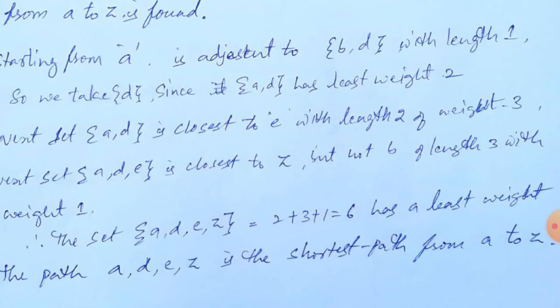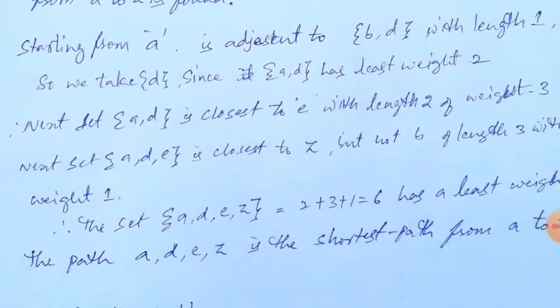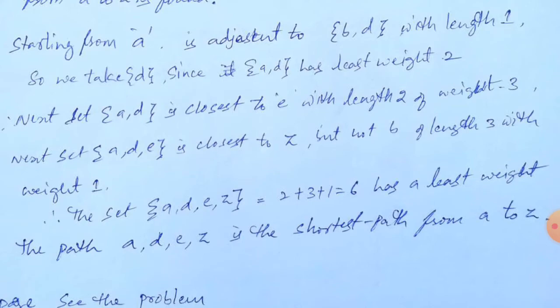Of weight 3. Weight 3 means D to E, the traveling distance. Then next we set A, D, E, that means we travel from A to D, D to E. Now E is closest to Z. You can observe in the graph, E to Z directly there is an edge with weight 1.